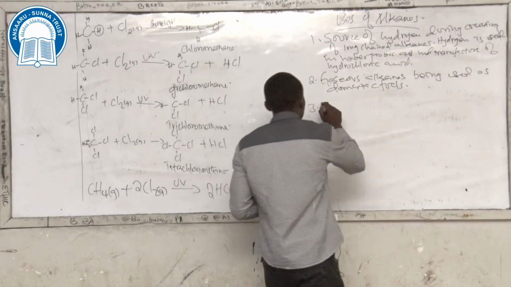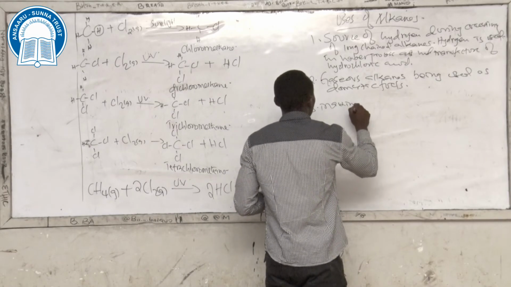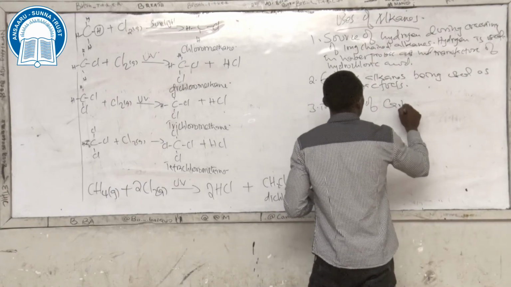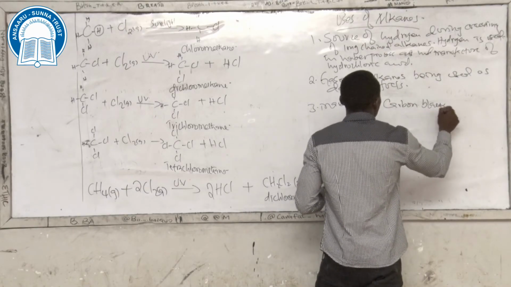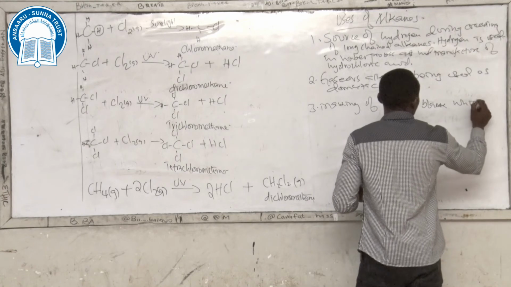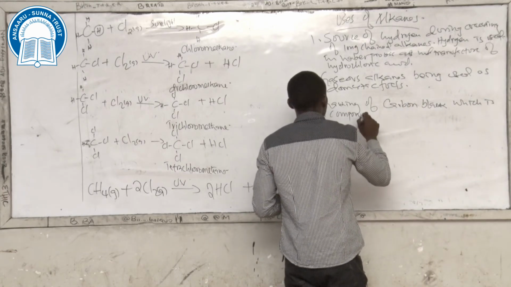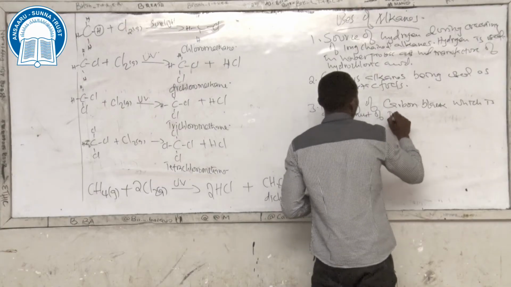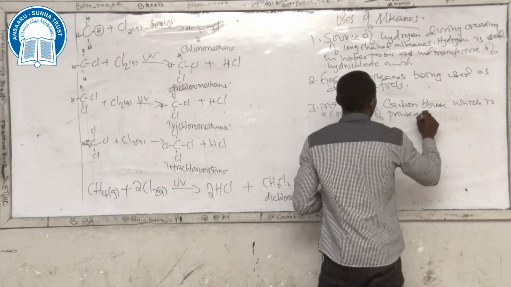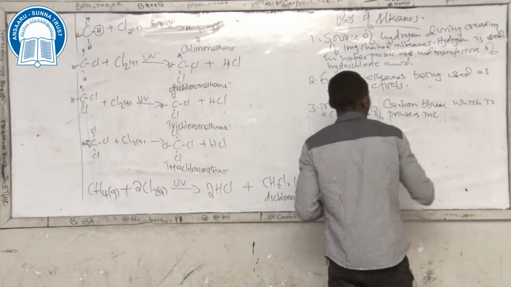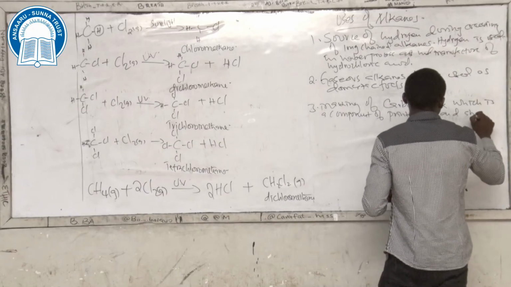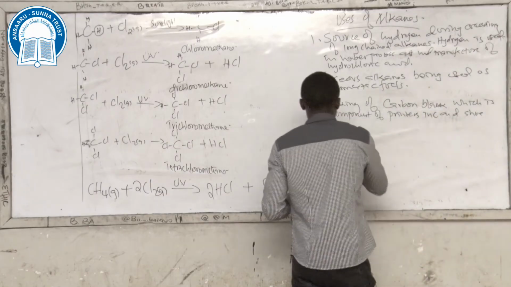So we say making of carbon black, which is a component of printer's ink and shoe polish.